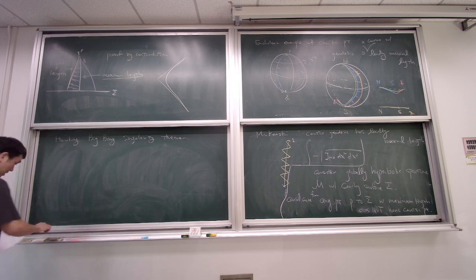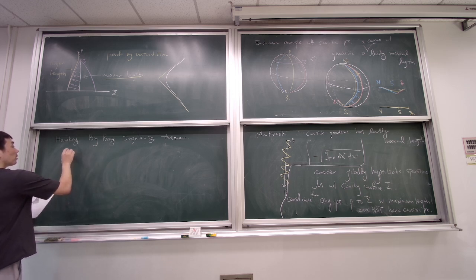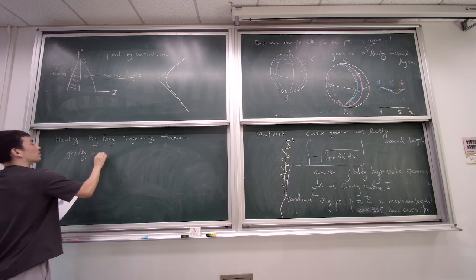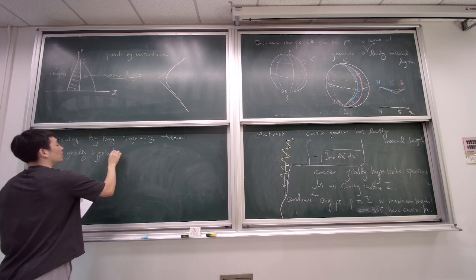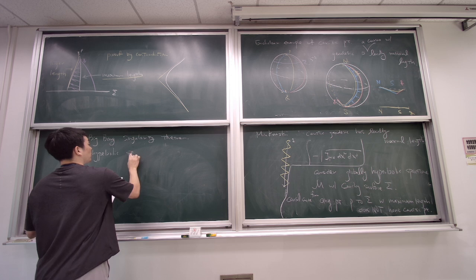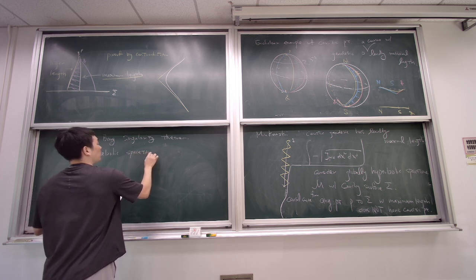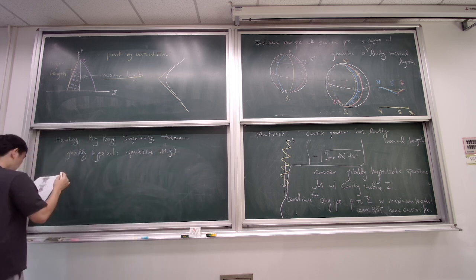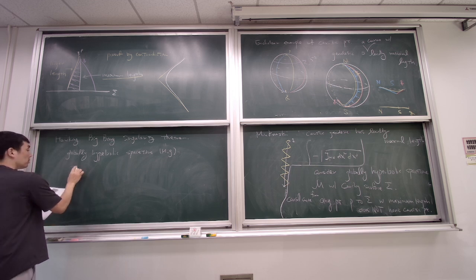Okay. Big Bang singularity theorem. So let's write down the statement. Globally hyperbolic spacetime (M, g), and we consider Sigma a Cauchy surface.